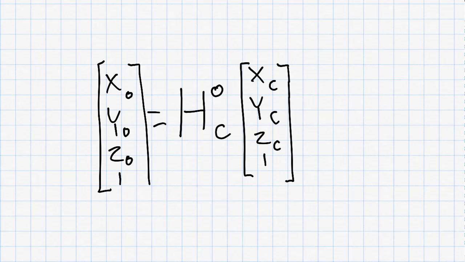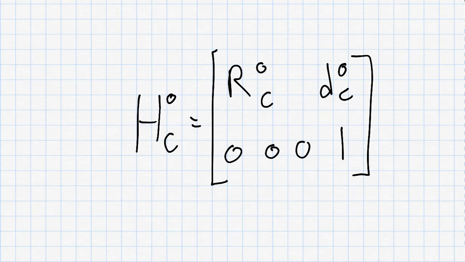Let's try it. We know that the homogeneous transformation matrix has two parts, a rotation matrix part and a displacement vector part. Let's do the rotation matrix part first.